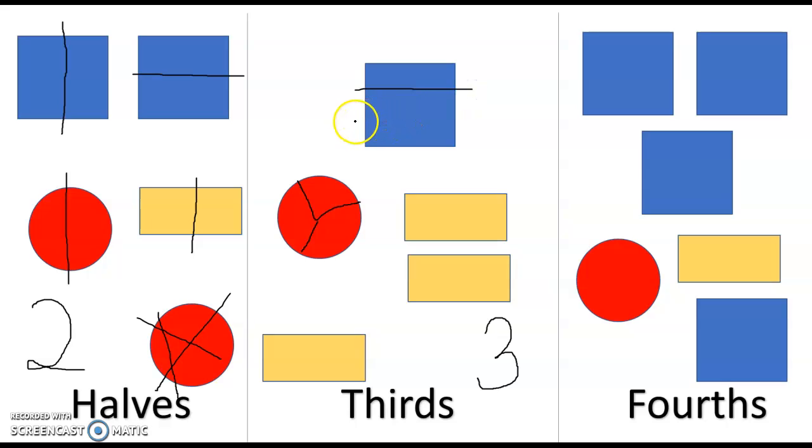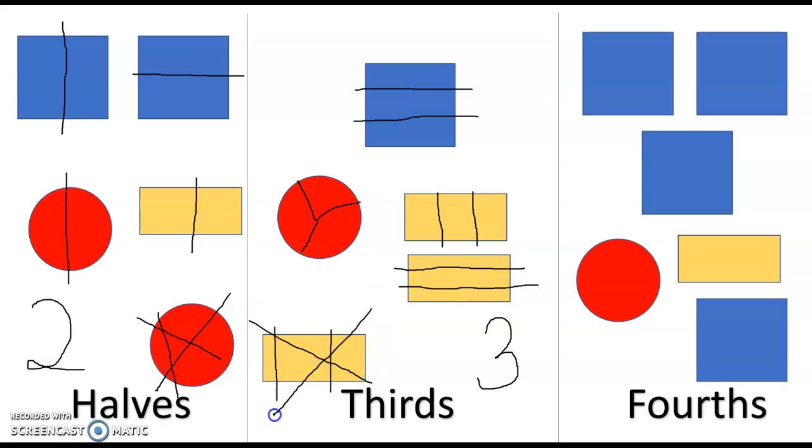We can break squares up into thirds and rectangles. Now keep in mind, this is not equal pieces, so this is not thirds.